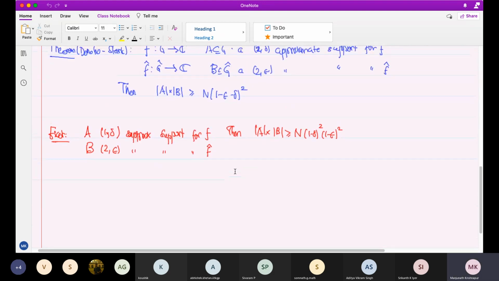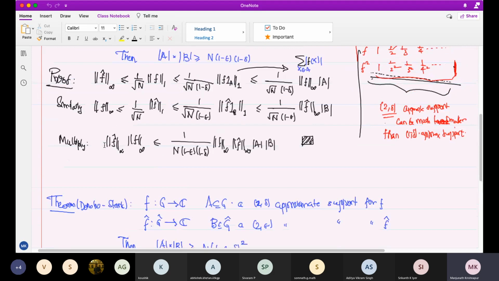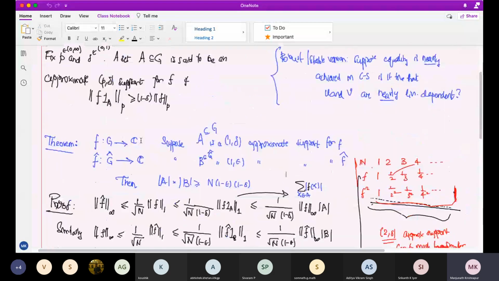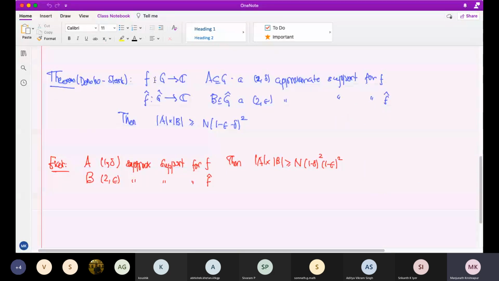I had given an exercise, the 1 delta and 2 epsilon case. Here it's a mixed one, where the function has a 1 delta approximate support and the Fourier transform has a 2 epsilon support. This one is not too bad. You can do it like here. But let's prove this theorem.